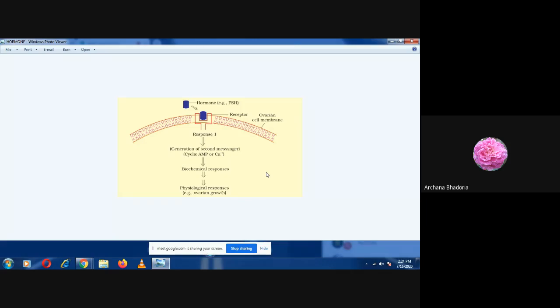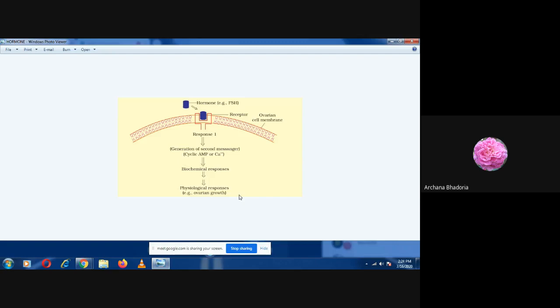Write down. Mechanism of action of protein hormone. Noted everyone? Raj noted? Yes, ma'am. Okay.